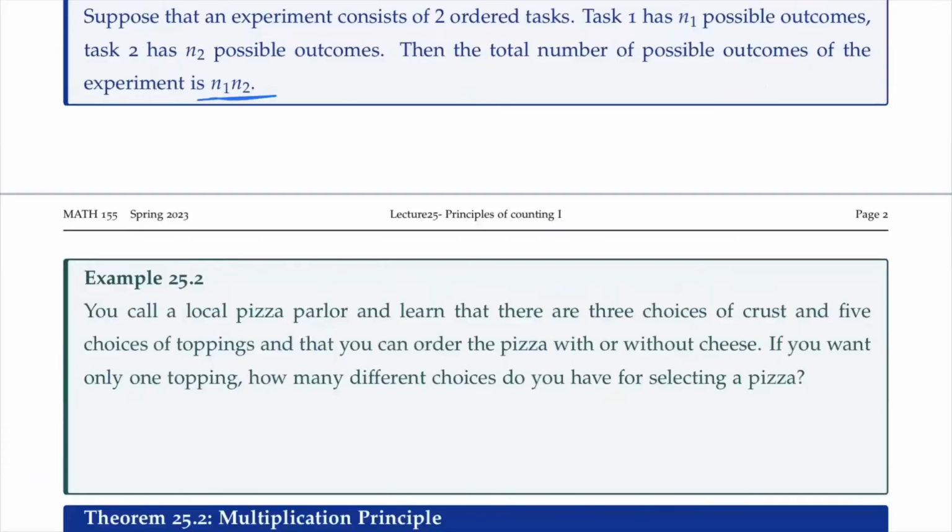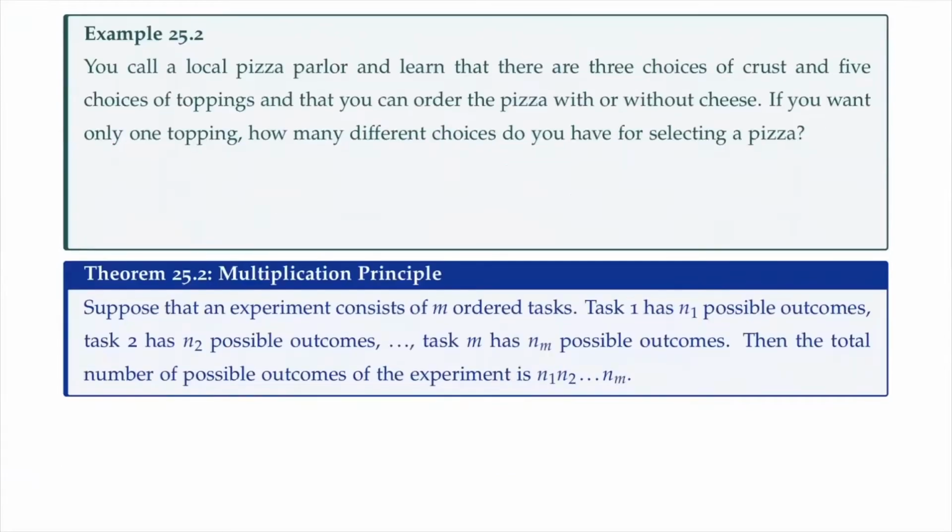Okay, so let's apply this to a simple problem and think about what happens if we have more than 2 possible outcomes. So at a pizza parlor, there are 3 possible choices of crust, 5 choices of toppings, and you can either order a pizza with or without cheese. So if you only want 1 topping, how many different choices of pizza could we possibly have?